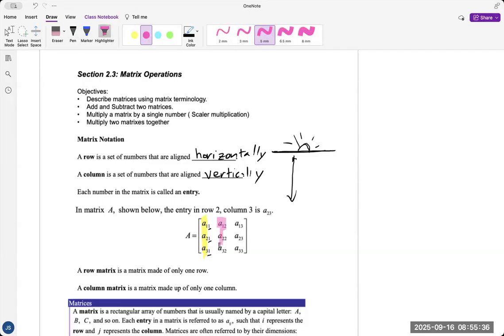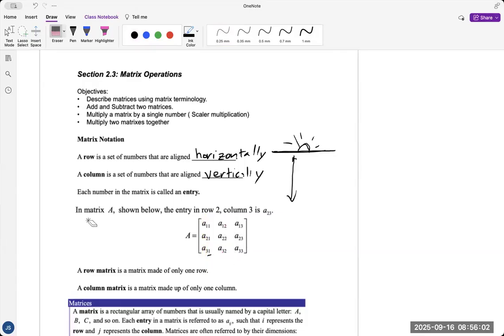Then you have the second column. All the numbers here are in the second vertical arrangement, so the second number is a 2, indicating these values are in the second column, and so on. I'm skipping the third column.